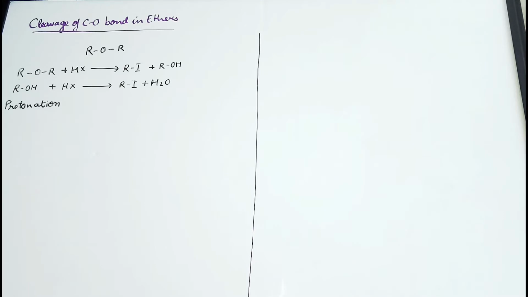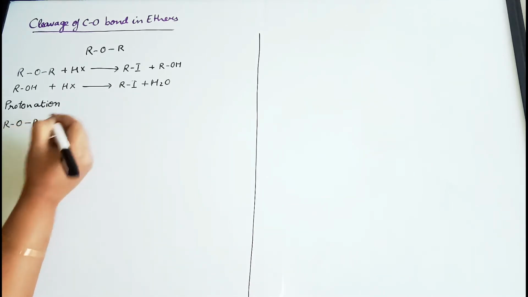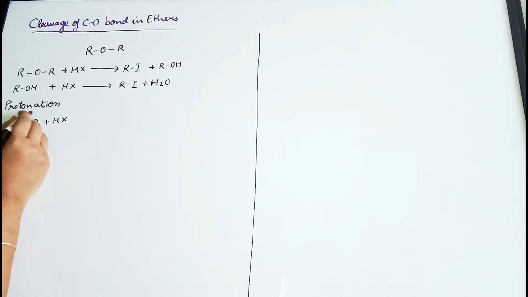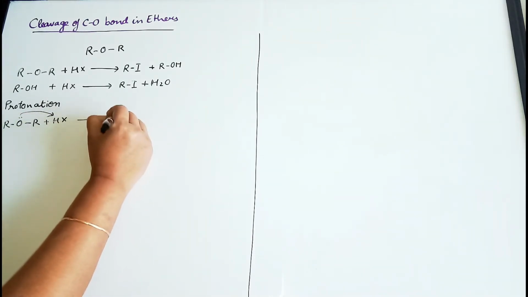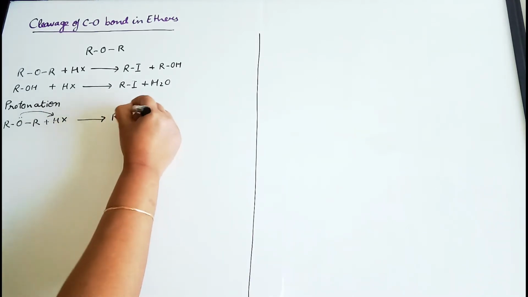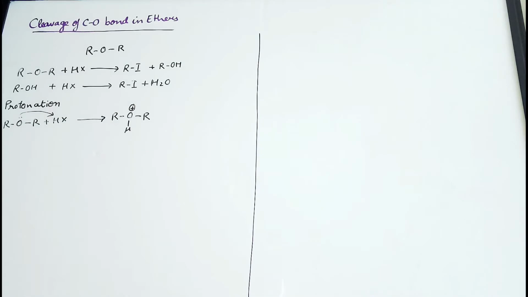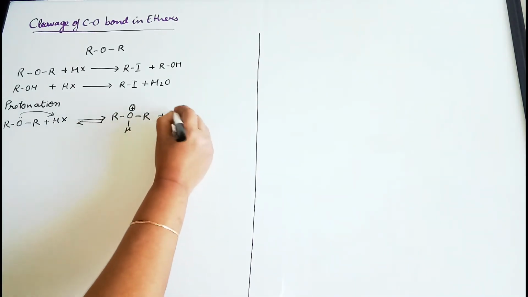Okay, first let's look at the one which is symmetrical. So ROR plus HX. Right, so what will happen, the lone pair of electrons will attack this hydrogen to lead to the formation of an ROH with R carrying a positive charge. Now, you will also have a formation of an iodide ion.